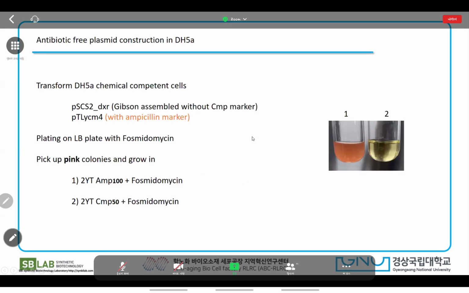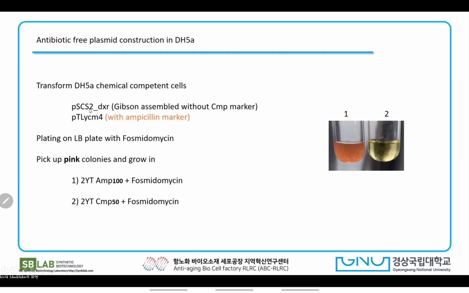In order to make the antibiotic-free plasmid system, we first made PSCS2, the plasmid harboring the mevalonate pathway. We removed the chloramphenicol selection marker in this plasmid and introduced DXR instead of the chloramphenicol marker.